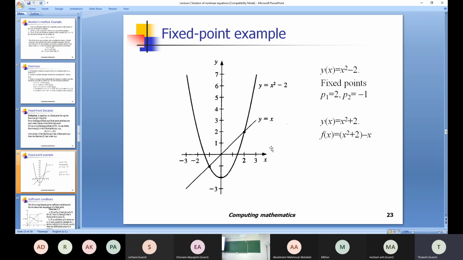Draw the graph of y equals x squared. To understand how to draw this one, first you should draw x squared. How to draw the graph of the function x squared?